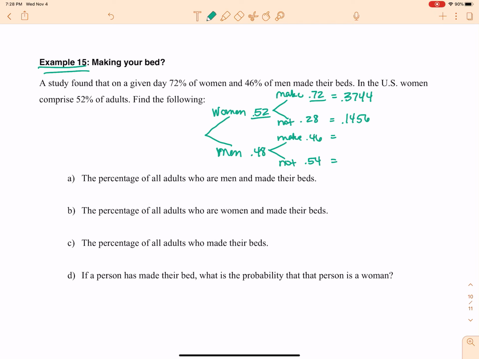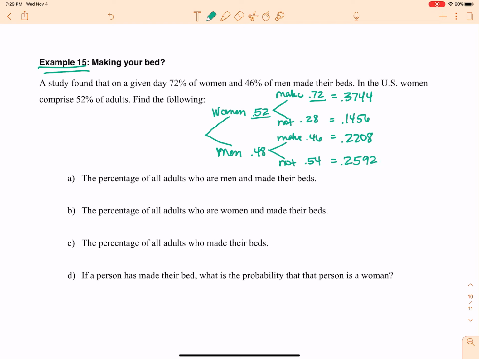And then the probability you're a man and you make your bed, 0.2208, that would be 0.48 times 0.46. And then 0.48 times 0.54 would be this right here.